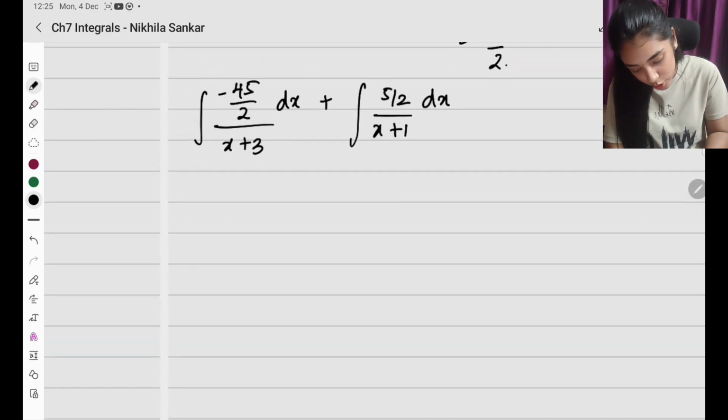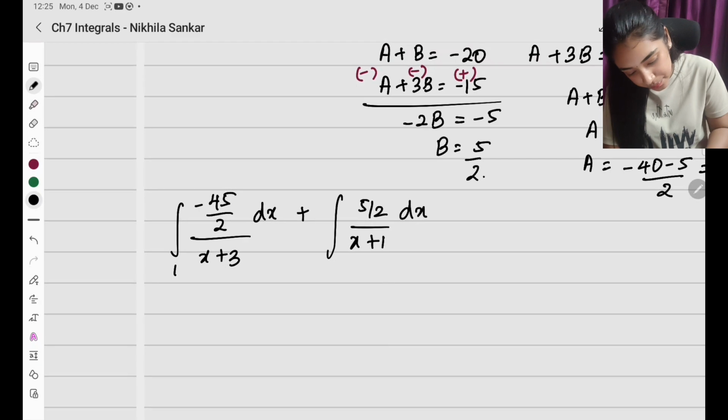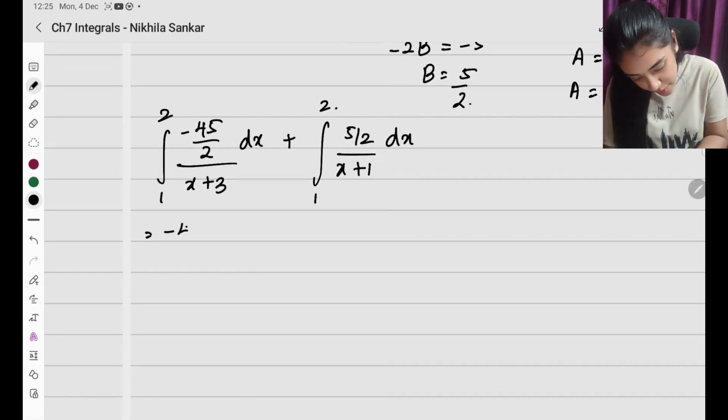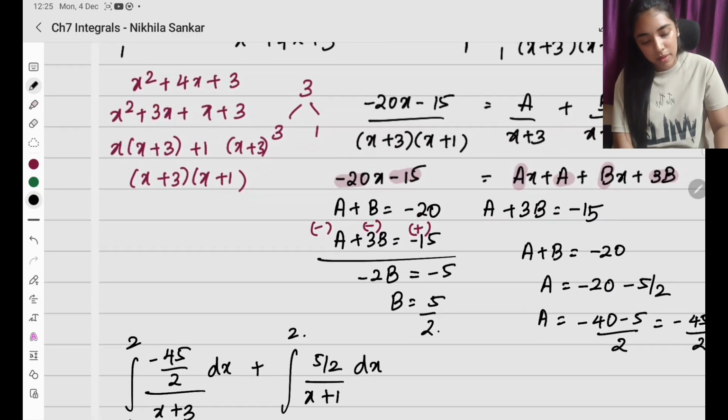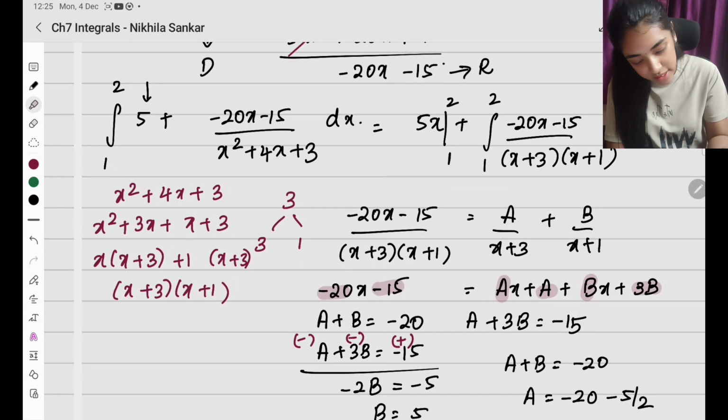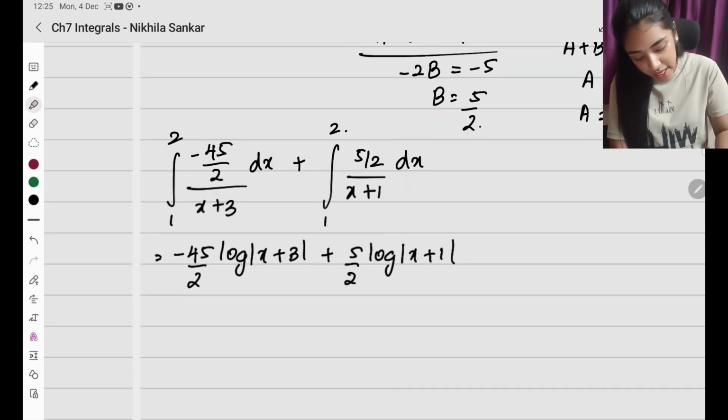The limits are 1 and 2. So here this becomes minus 45 by 2 log mod x plus 3 plus 5 by 2 log mod x plus 1. But remember you have a 5x from here. So I'll add that in the end.